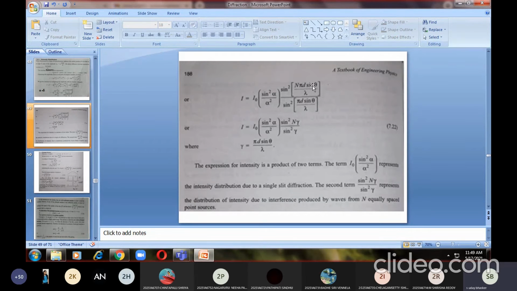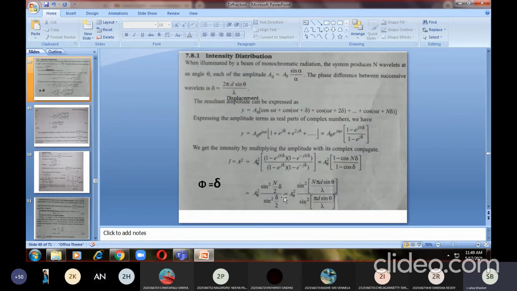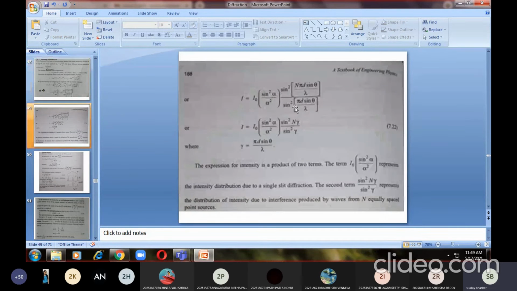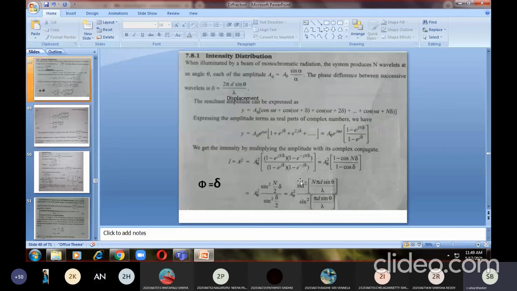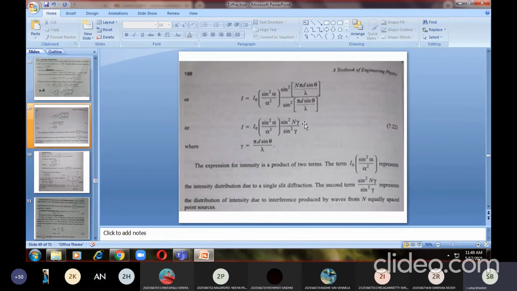In place of pi d sine theta by lambda, we'll take it as gamma. So this is your intensity expression. Substituting the value of a naught from the previous one and taking this as gamma, you got this expression. Gamma is equal to pi d sine theta by lambda, right?